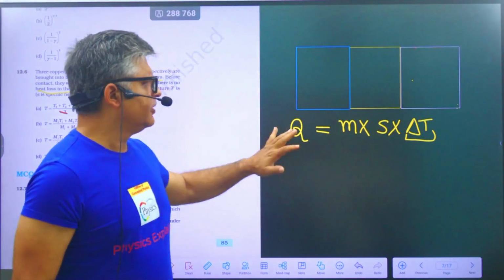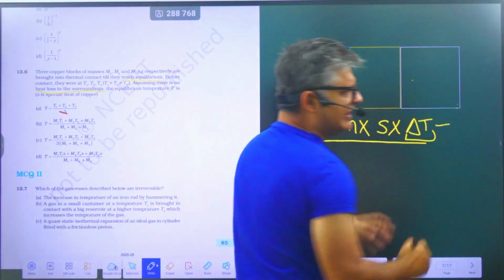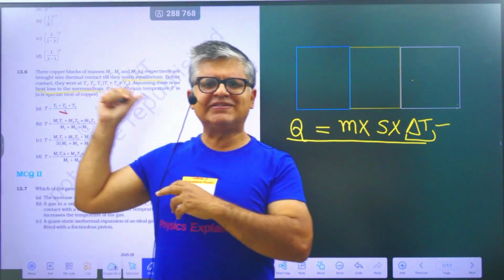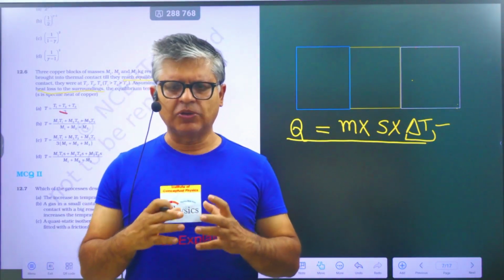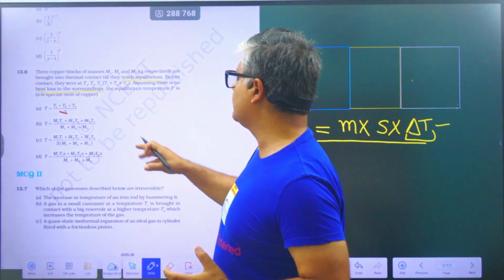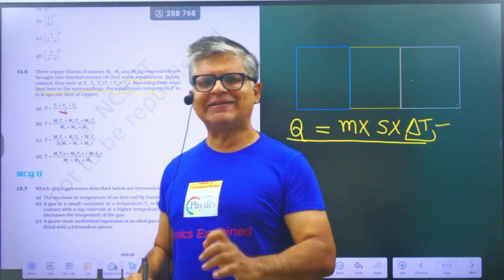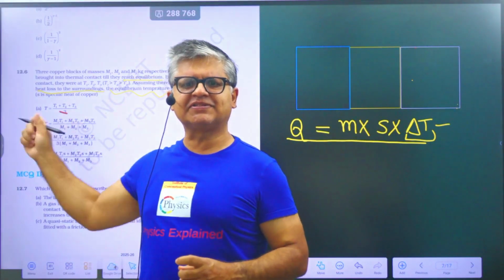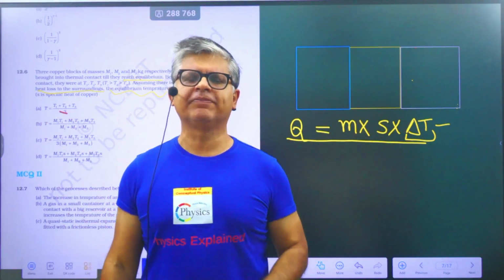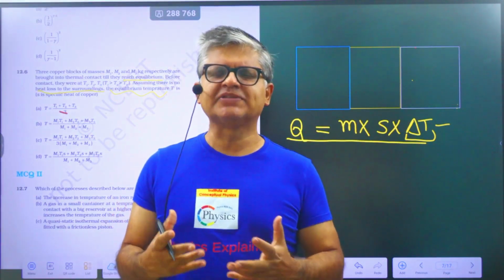This is the fundamental calorimetry principle. Whenever we see such questions where there is transfer between, say, three blocks, what are we supposed to find? Equilibrium temperature. That is another hint that finally the system is attaining equilibrium. What is equilibrium?